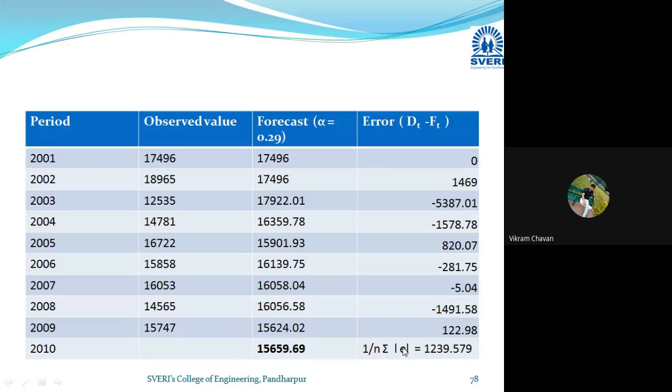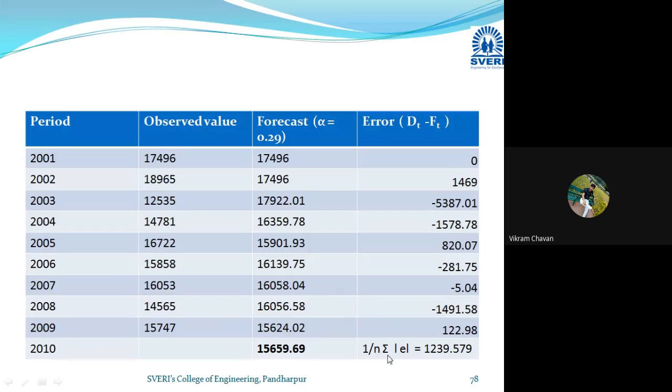Now here at the end, we have to calculate the error. So the total error is the summation of mod of errors. Mod of errors means we should not consider the negative sign for that particular error. We just add up all the values, ignoring the negative sign, and divide by the number of periods.